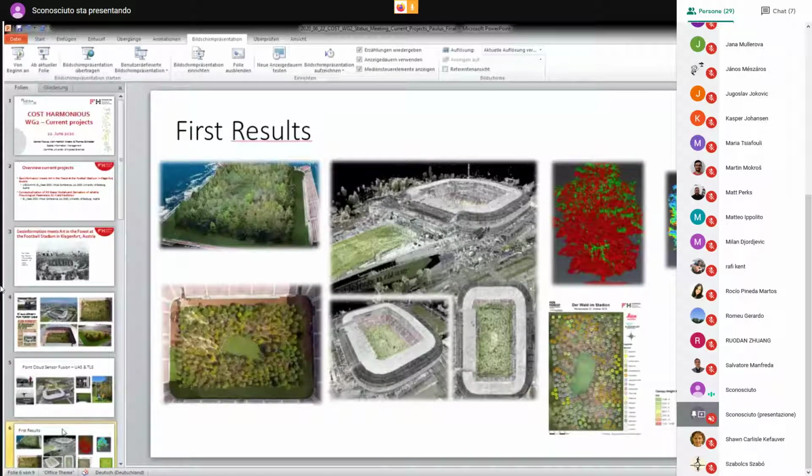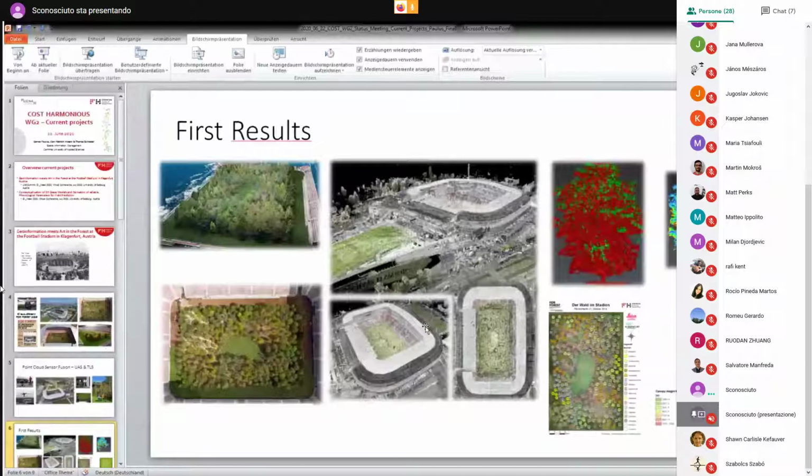Then you can also see the photogrammetric point cloud, which has more than 800 million points, just the forest itself. And what you can see here now is the fused point cloud of the stadium using the terrestrial laser scanning and also the photogrammetric point cloud.